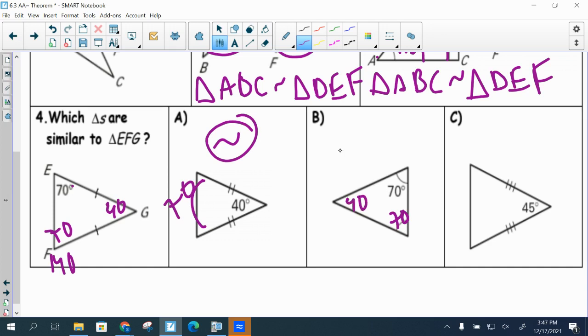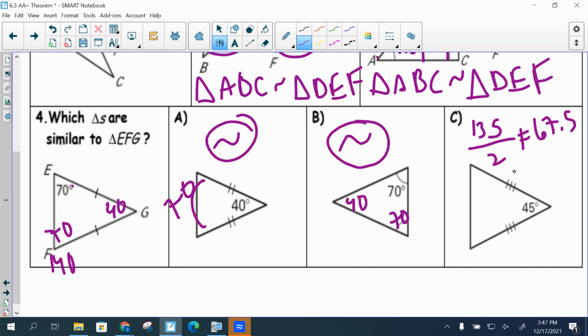So that is similar. And then for C, well, this is 45, and if you do 180 minus 45, you get 135. If you divide that by 2, you don't get 70, you get 67.5. So this one's not similar.